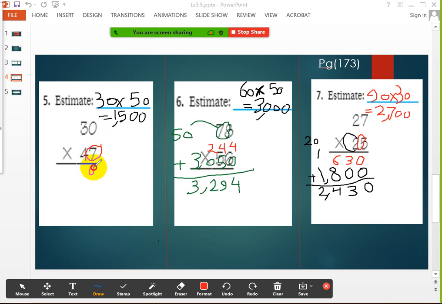Equals 0. Any number multiply with 0, the answer must be 0. Now 7 multiply 3. 7 multiply 3 equals?